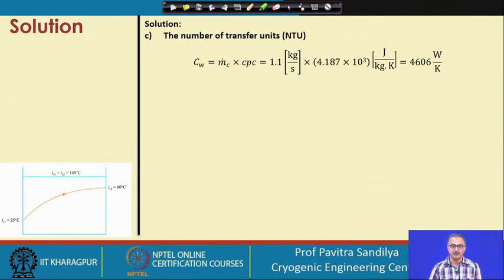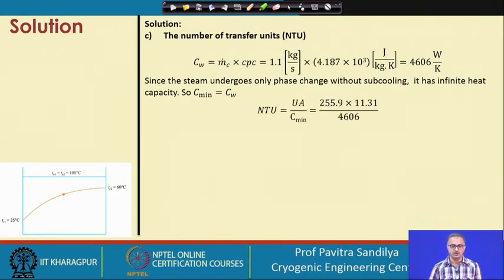For the third part, to find out the number of transfer units, we use this formula. First we have to understand the heat capacities on the two sides. This is for the water side, that is m into Cp. Because steam undergoes only phase change without subcooling, it has infinite capacity. So, the C min will be the same as the C of water, and from this NTU formula, we know that NTU equals UA by C min.